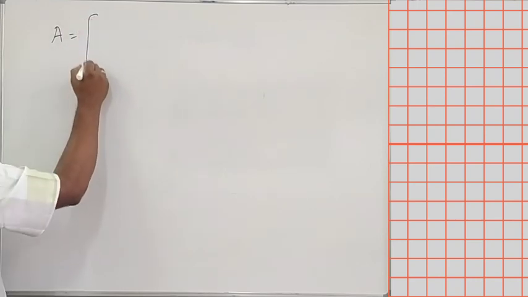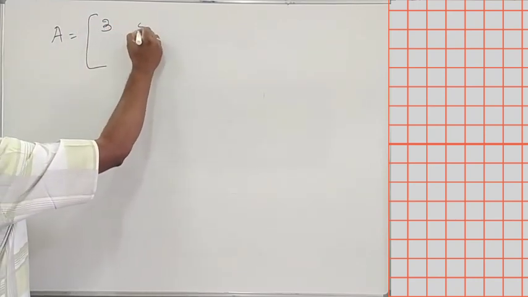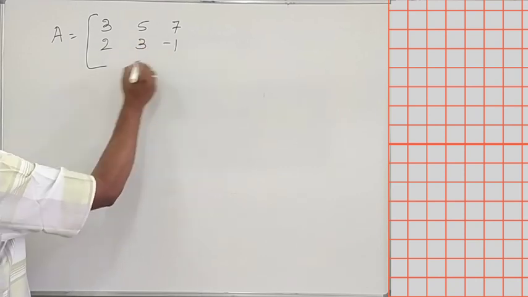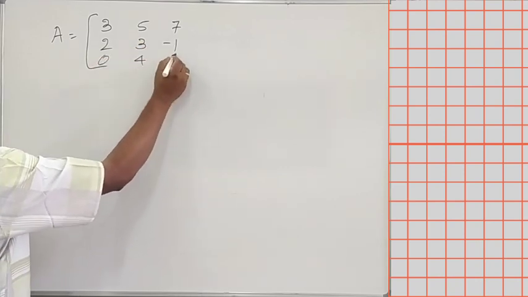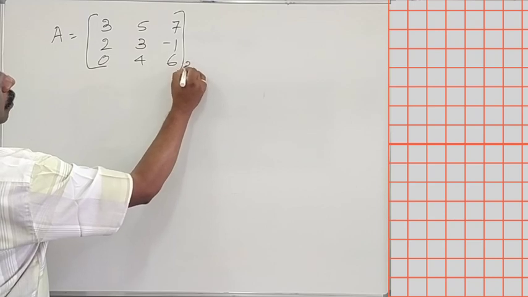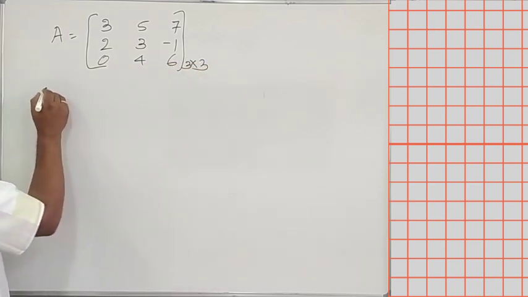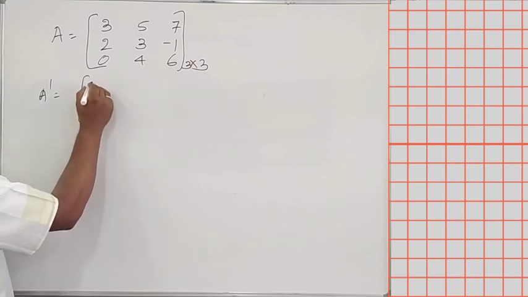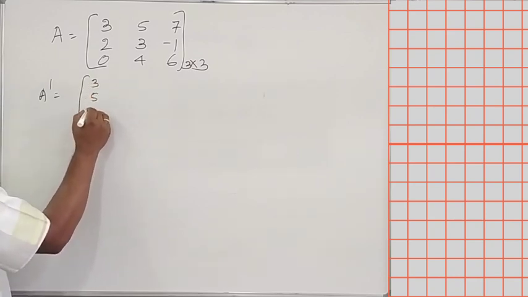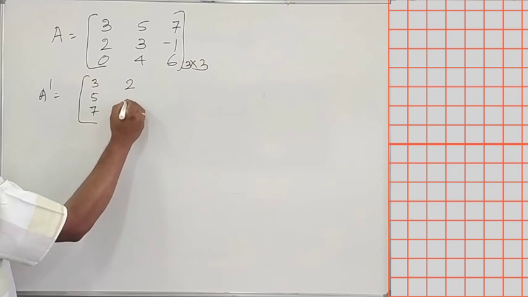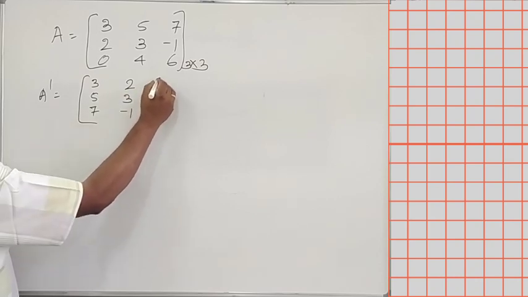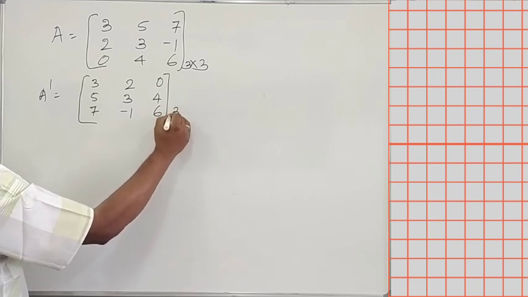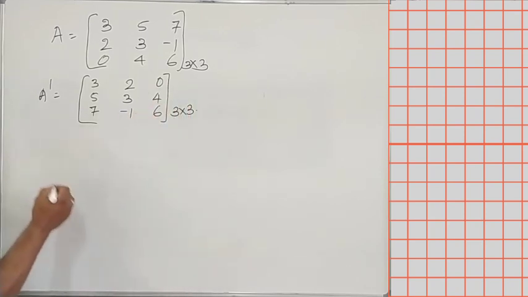Let A be equal to the matrix 3, 5, 7, 2, 3, minus 1, 0, 4, 6. It's a 3 by 3 matrix. And A transpose is equal to the matrix 3, 2, 0, 5, 3, 4, 7, minus 1, 6, the transpose of the given matrix of order 3 by 3.